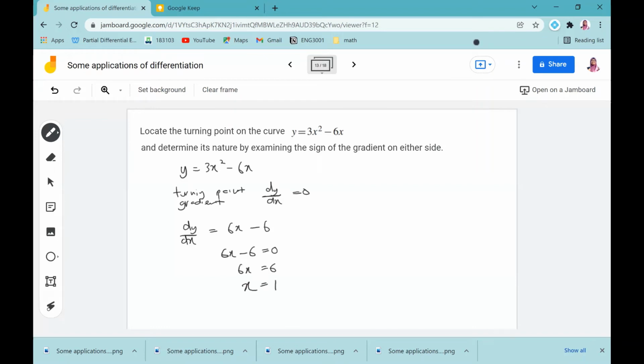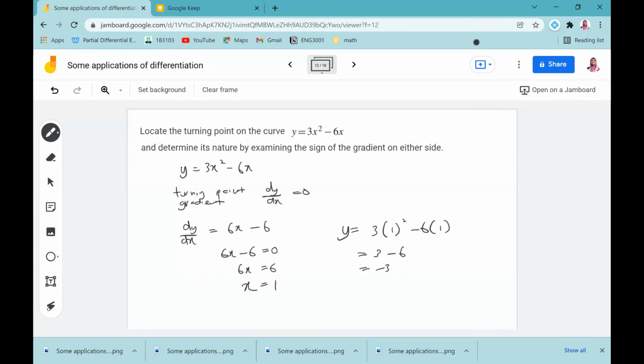Now we want to find the value of y, the y coordinate. So we just plug x into the original function. So y is equal to 3 times 1 squared minus 6 times 1. So we have 3 minus 6, which is negative 3.